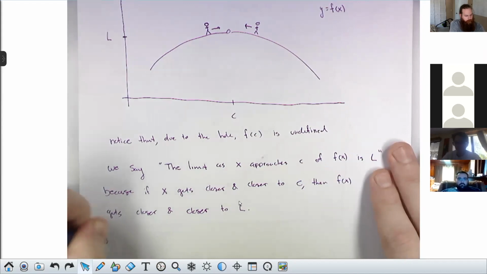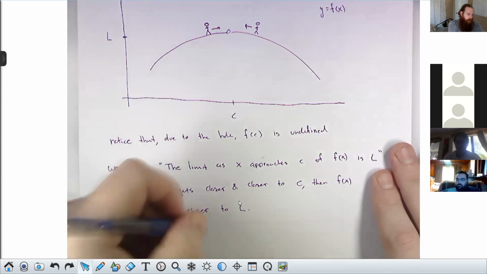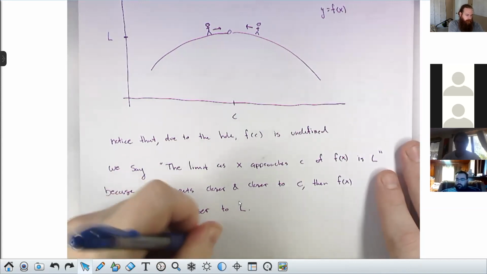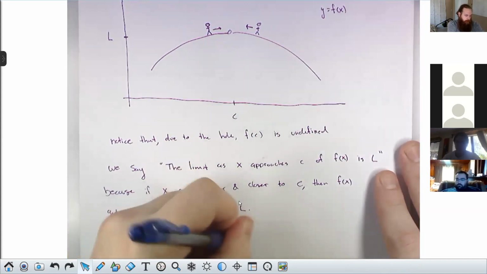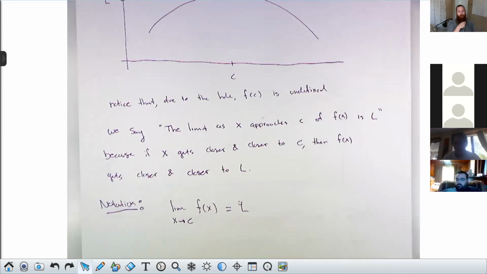The notation for this, we say lim x approaches C of f of x equals L, like that. And we can define this rigorously.